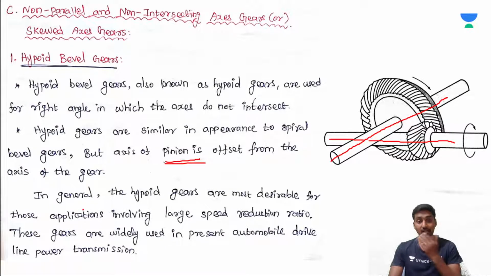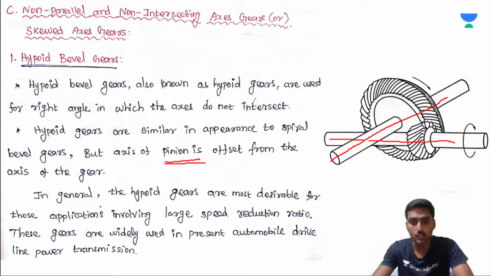In general, hypoid gears are most desirable for applications involving speed reduction. So it is completely used for speed reduction. These gears are widely used in present automobile driveline power transmission. I hope it's clear.